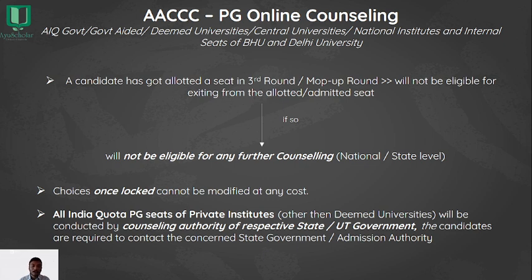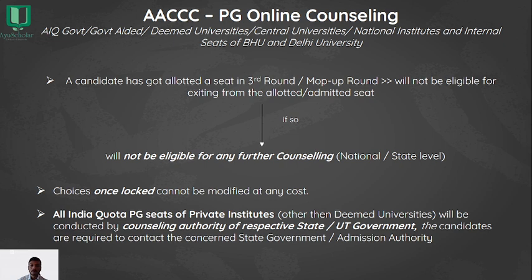Then coming to the locking of choices, this is important. Students must keep in mind that choices once locked cannot be modified at any cost, either from the student's end or from the AACCC. Nobody can help the candidate in this regard. After the candidate enters his preferred choices, he has to lock the choices within a stipulated time of 4 days, as we saw earlier.